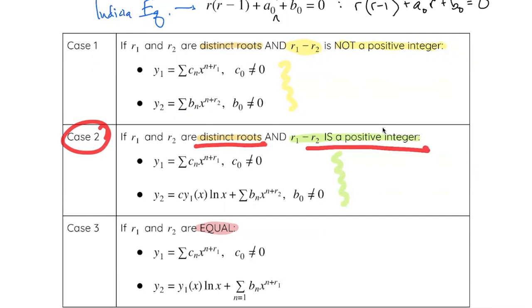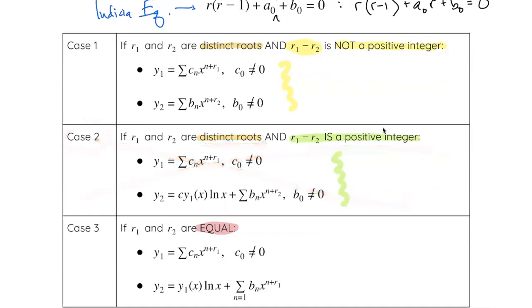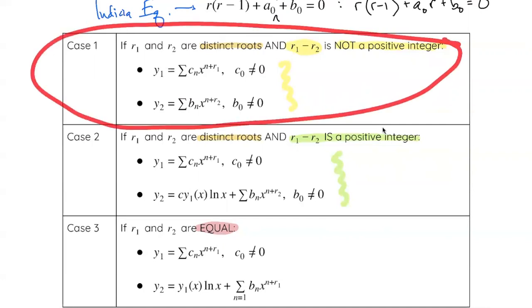And so if we look at what we have here, 0 and 1/2, I think we can eliminate case 2 because we're not going to get an integer out of a difference of 0 and 1/2.